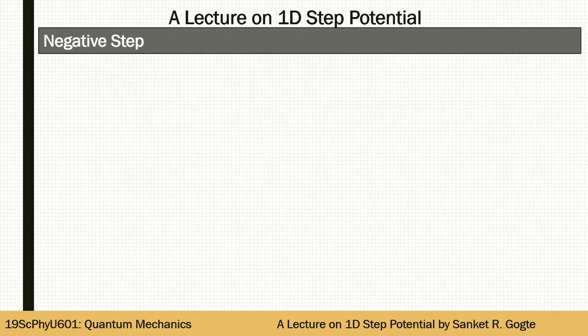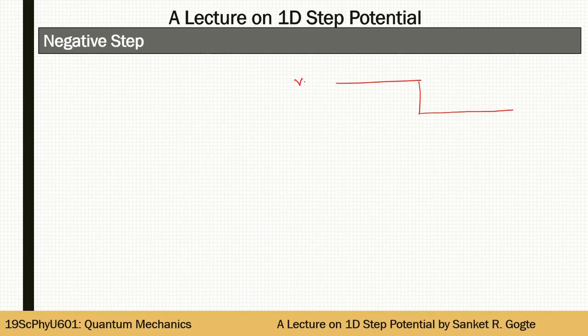Okay, let's now consider a very interesting problem, slightly different than the previous one. We again have the negative step, but now in this case the particle is moving from zero potential region to a region with non-zero potential. We can now invert this, in the sense that initially the particle is traveling with some potential, and then the potential is zero in this region, or you can say it's a negative step potential.